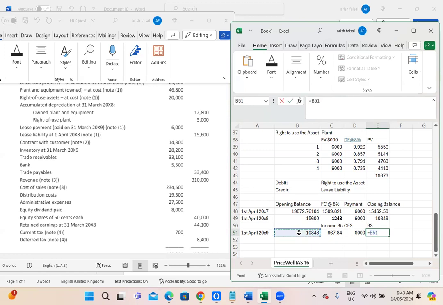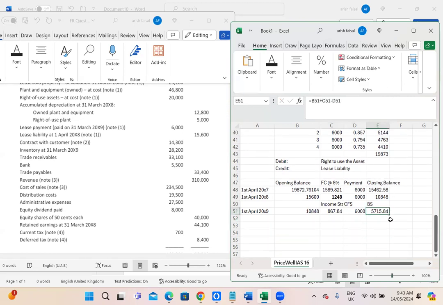So which is 10848 plus 867.64 minus 6,000. So in that case, you get 5715. Okay. So now this 5715 would be considered to be as a non-current liability for my second year.